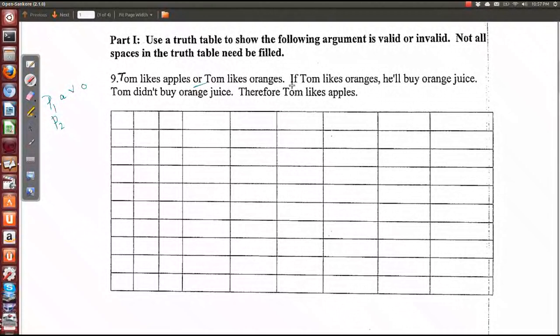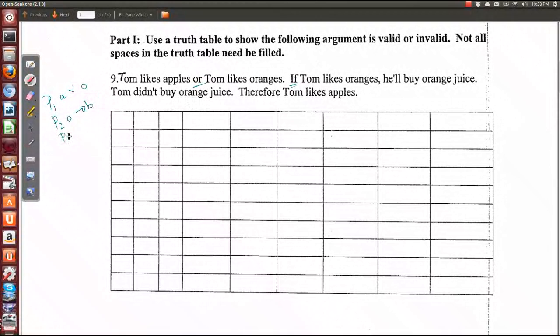My keyword here, if, tells me that this is going to be a conditional. O is the letter that we used for liking oranges before, and so we have to use a different letter for buying orange juice. Let's go ahead and call that B.